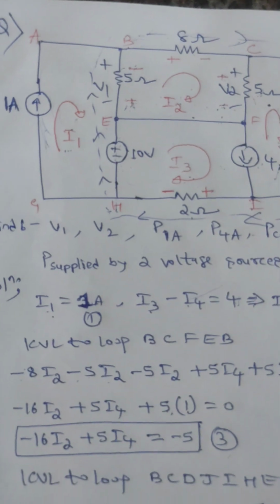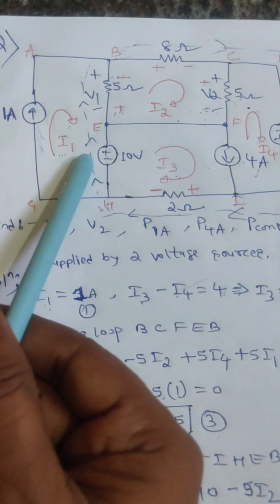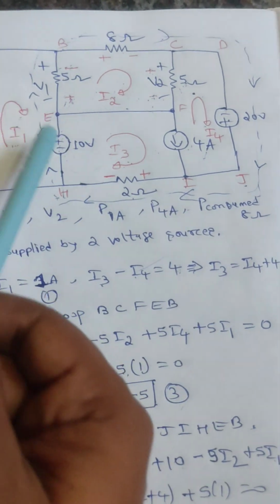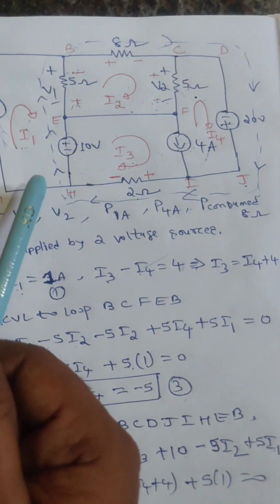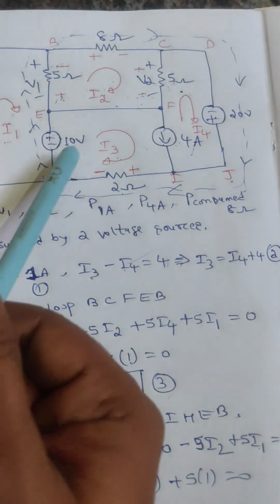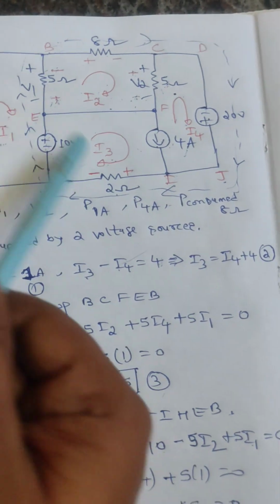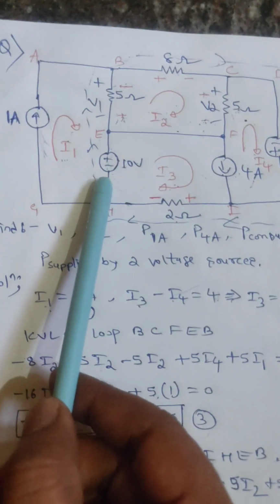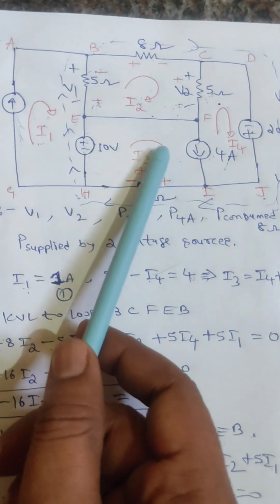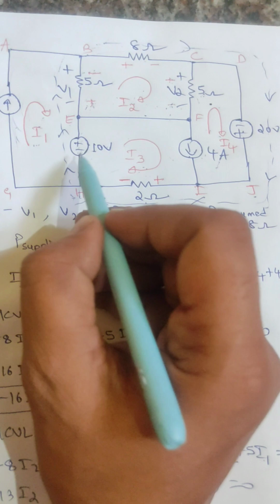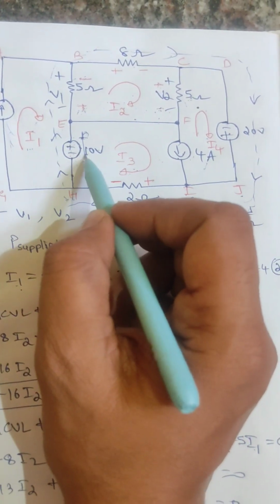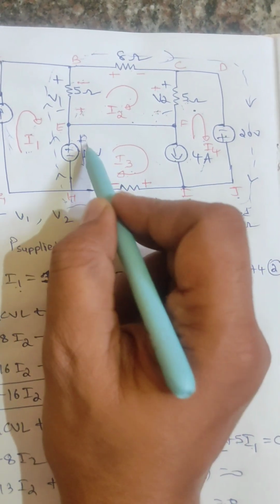So I1 current and I3 current are facing opposite to each other. Therefore we can write I3 minus I1. For a voltage source, see, this I3 direction and this voltage source direction: this voltage source delivers some current, that is I3, both in the same direction.